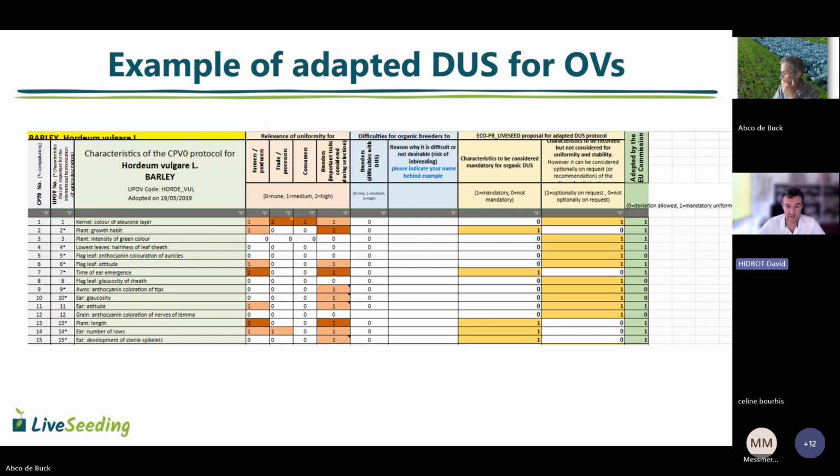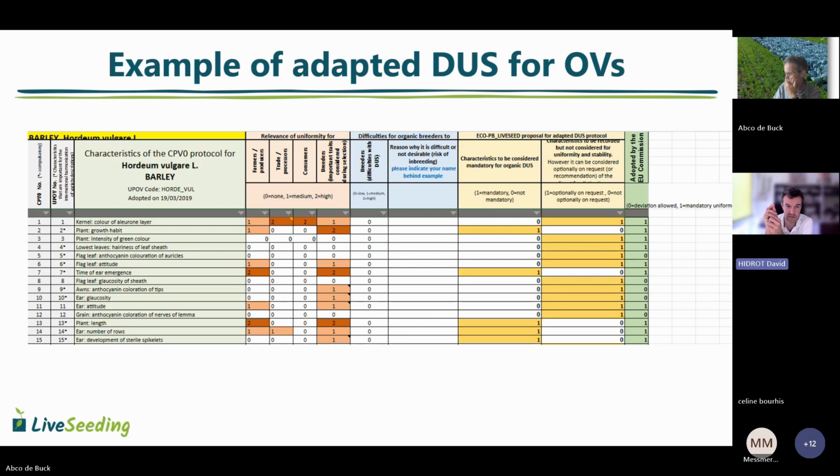One remark about the work we did. We have the proposition from EcoPB and the organic breeders. Sometimes there are a lot of characteristics that they would like to deviate from the protocol, but we said that if too many characteristics are allowed to deviate, it would be impossible to follow.